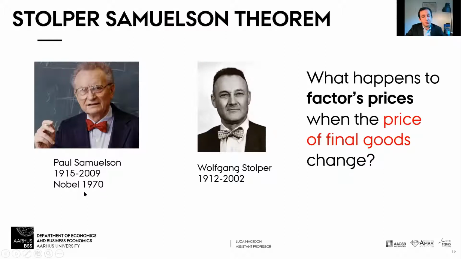He got the first Nobel Prize in economics in 1970, and he's very famous because he's one of these economists, very rare really, that basically worked in several different fields and left an important mark in each of them. And this is one of the important marks that he left on the field of international trade, this theorem that carries his name. It was developed at the same time with Stolper, and that's why they both get recognized for this.